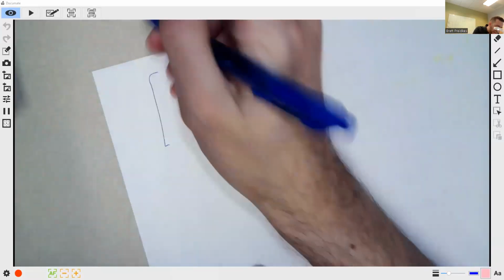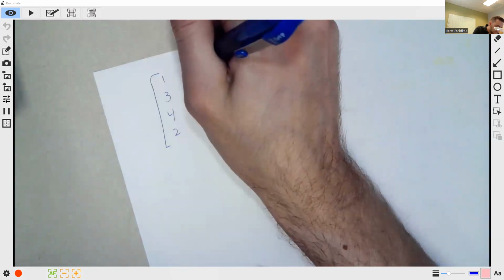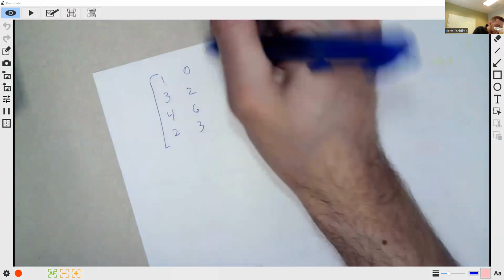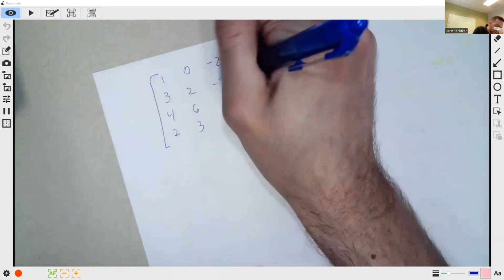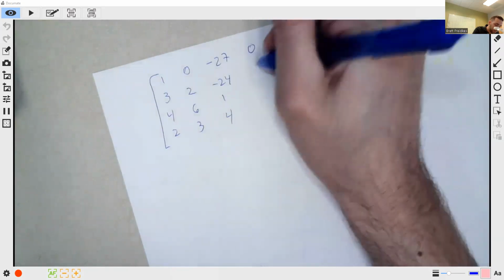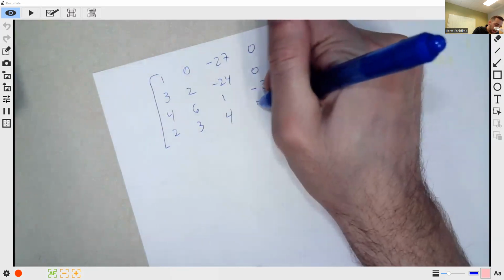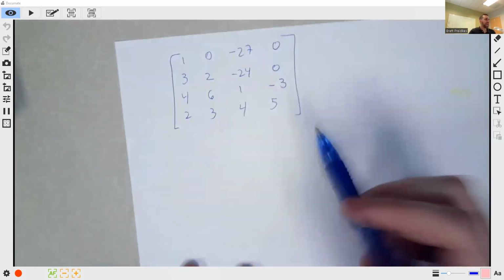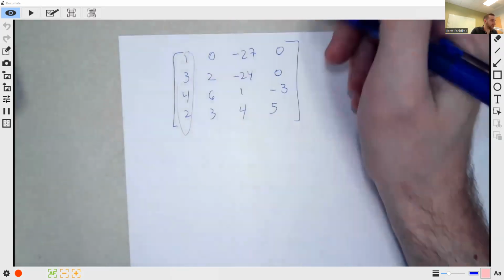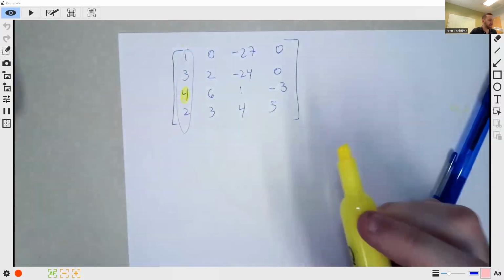Let's say I give you some giant matrix: 0, 2, 6, 3, negative 27, negative 24, 1, 4, 0, 0, negative 3 and 5, whatever. I'm just making up stuff. Ignoring the forward elimination stuff, I just want to show, if we were to pivot based on this first column, we would want the 4 to be at the top because it's the biggest.